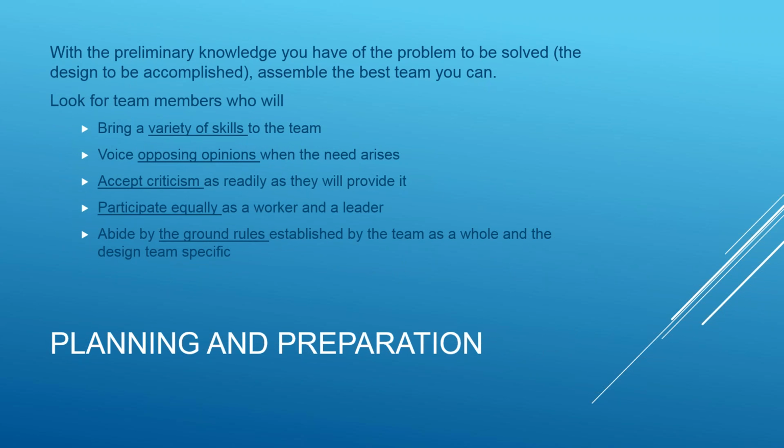Okay, first is the planning and preparation. With the preliminary knowledge you have of the problem to be solved, you're going to assemble a team to design and build a robot and try to make the robot that will perform the best, score the best on the field.